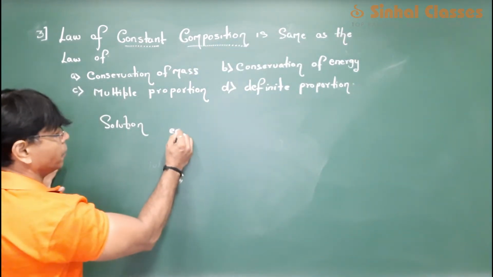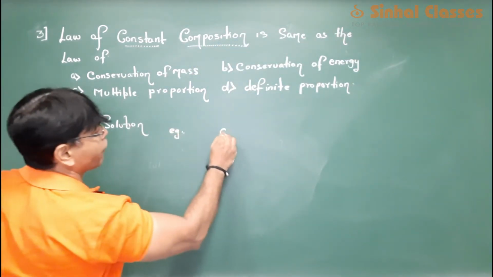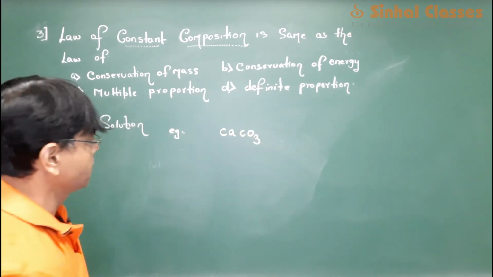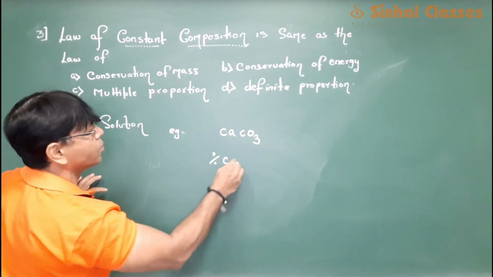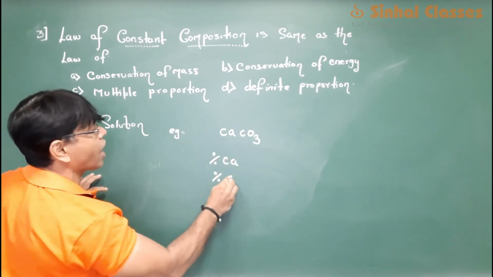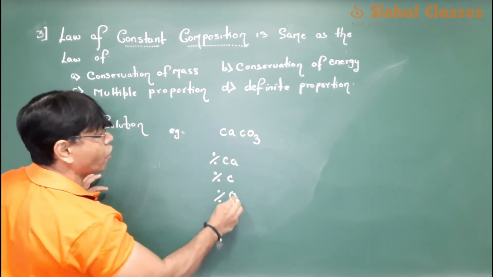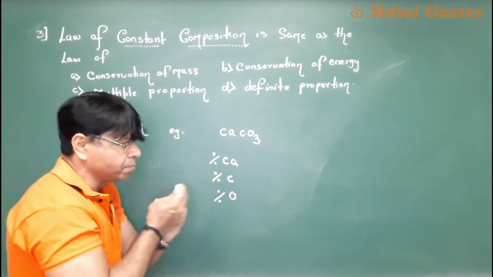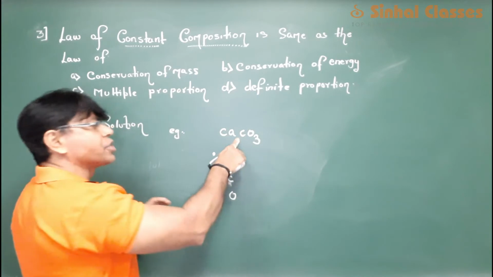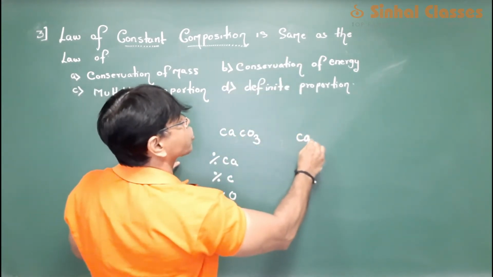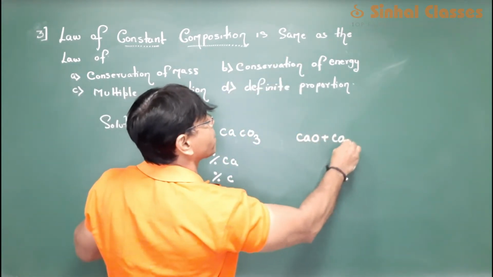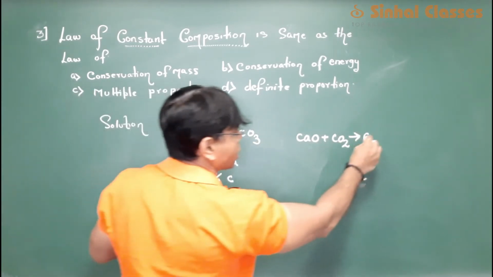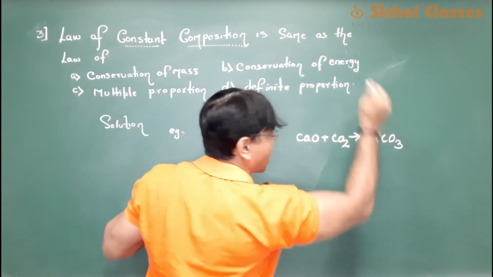For example, if I take calcium carbonate from the earth's crust, the percentage of calcium, carbon and oxygen found in it will be the same as if I prepare calcium carbonate in the lab, by taking calcium oxide and carbon dioxide, giving calcium carbonate.